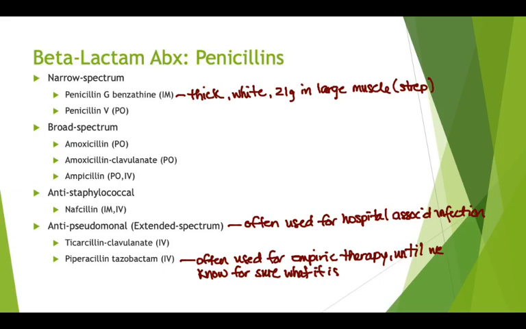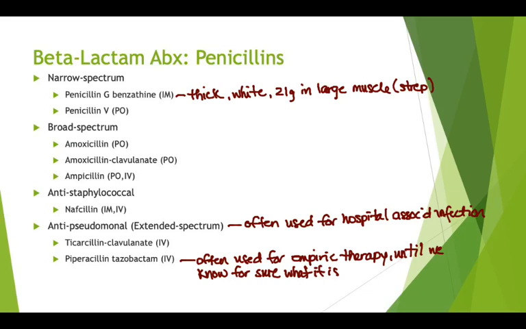And then ampicillin, which can be given both PO and IV. Those are your more common. There's a lot of other ones, but your more commons that we see, broad spectrum-wise, are going to be those. Your anti-staphylococcal, nafcillin is your most common. That's going to be given IM and IV.